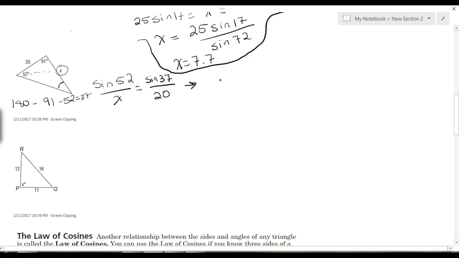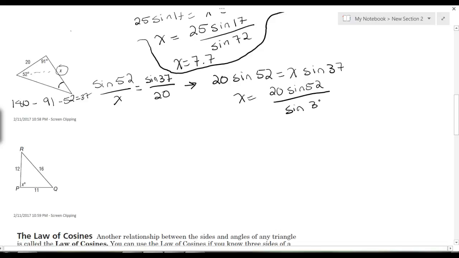When I cross multiply, I get 20 times the sine of 52 equals x times the sine of 37. Divide both sides by sine of 37. So we get x equals 20 sine of 52 divided by sine of 37.